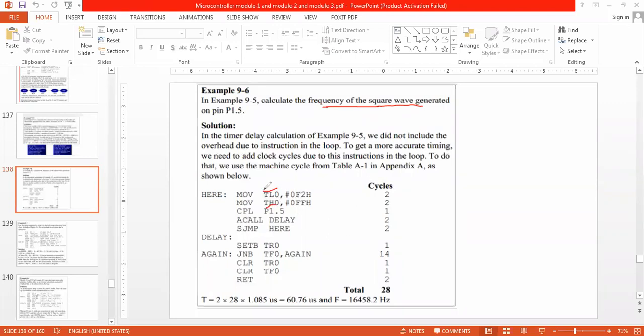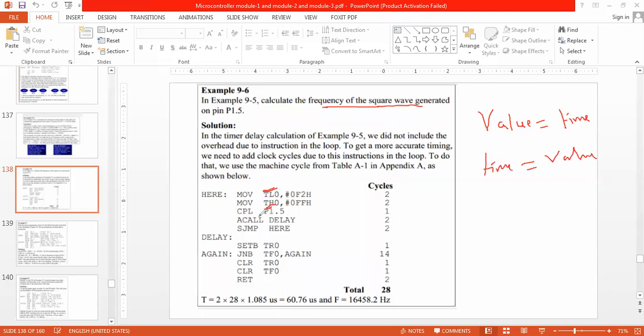Or if they have already given the value, then you have to calculate the time period. See, the value is given; find out the time period. Or else the time period will be given; find out the value.